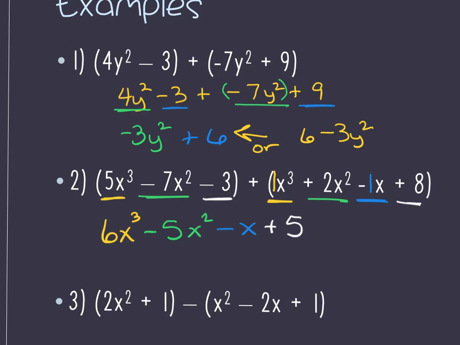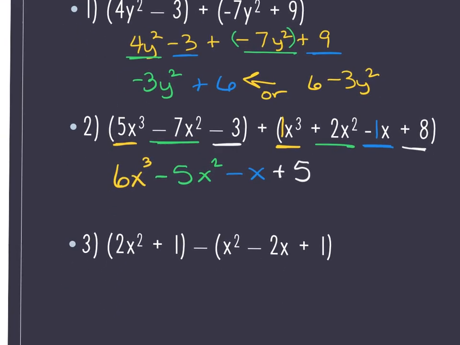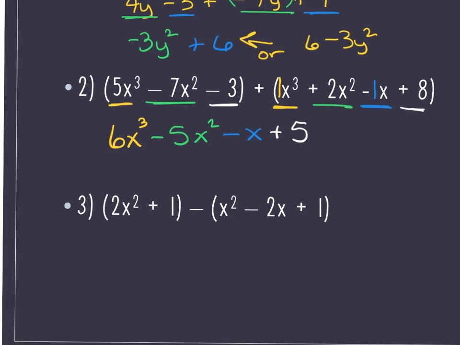Now, for subtracting polynomials, I like to do keep, flip, change, or you could also call it stay, change, change. Essentially, what we need to do on number 3 is this subtraction sign that's in between here needs to distribute to all of these. So what I like to do is I keep my first polynomial the same.